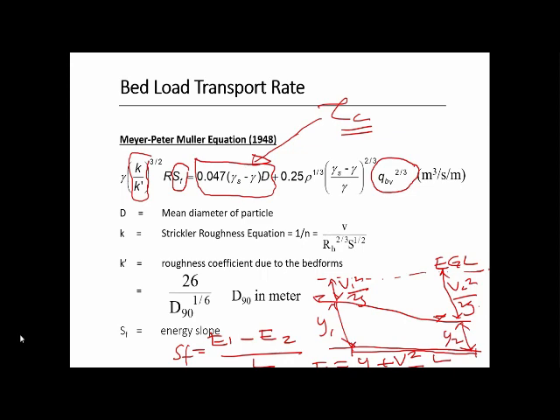To determine the value of K, you can use the Strickler roughness equation, which gives you the velocity divided by R_H, the hydraulic radius, multiplied by the slope, the bed slope. And then the K prime here is also the roughness that is related to the bed form.